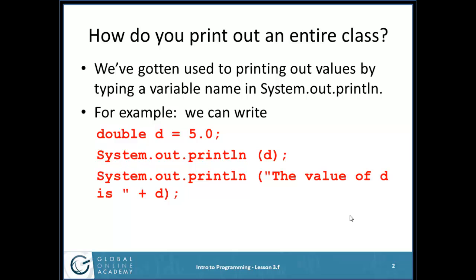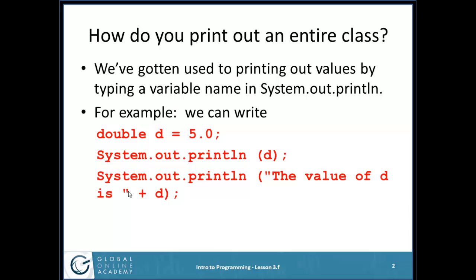Or if we do System.out.println and combine some string characters like "the value of d is", and then concatenate that to d, d automatically gets changed to a string. It gets changed to the string version of 5.0 and tucked right up against "the value of d is". And this would print out the value of d is 5.0. Happens seamlessly for us. We don't have to do it.